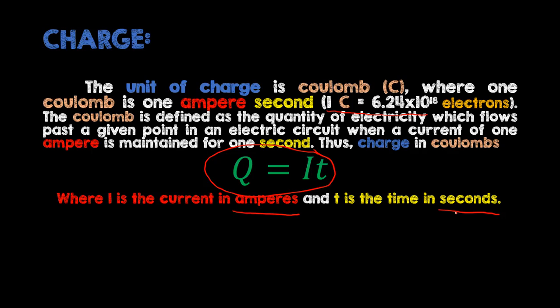So let's have a problem number 1. Ito yung example natin. First example. If a current of 5 amperes flows for 2 minutes, find the quantity of electricity transferred. So, we are looking for Q, which is the electricity transferred.